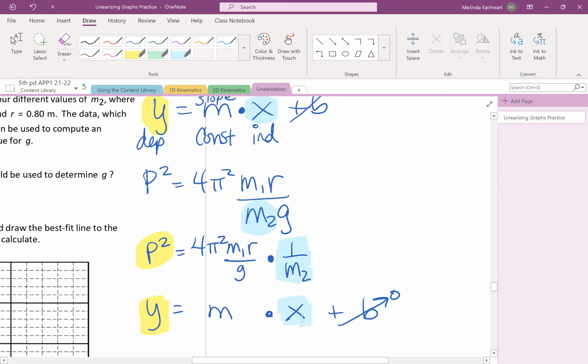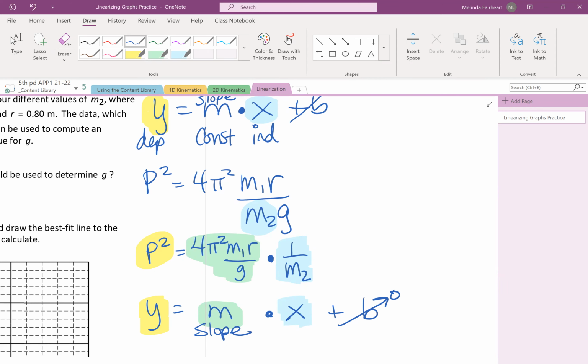Inverse M2. Note our data table, why'd they give us 2 rows of blank? So that we can process this data. And then what is your slope equal? And I am going to go on and write out the word slope since we have M1, M2, and M. Our slope should equal that 4 pi squared times M1R all over G.